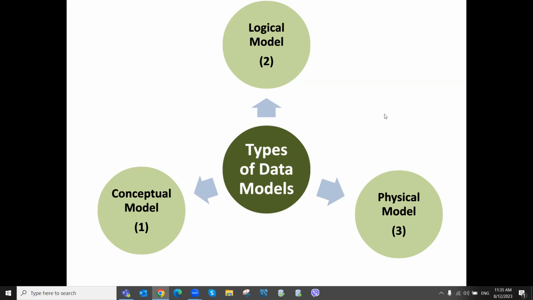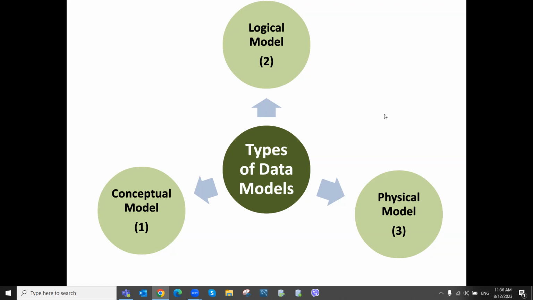The only difference is that in the logical model, we define things at a very logical level, in simple English language. Suppose you have a customer name, so you will write customer space name, just like an English sentence. But when it comes to the physical model, you have to follow the database related rules.